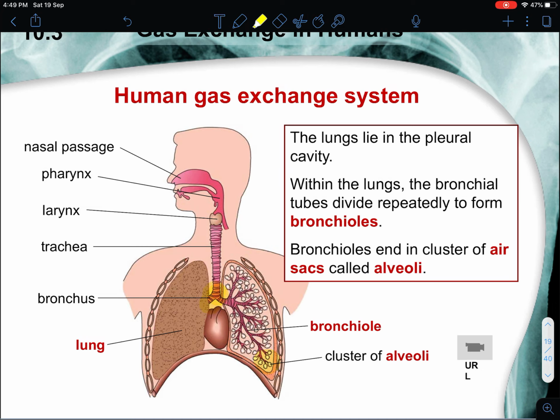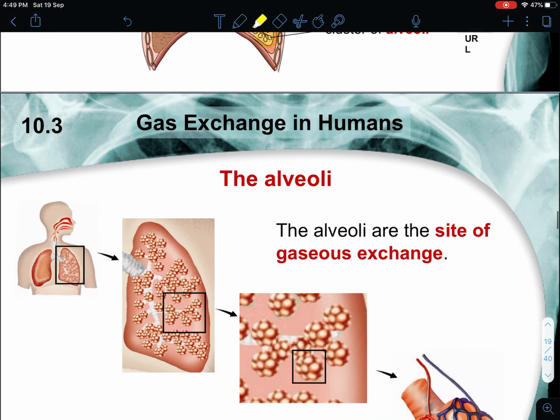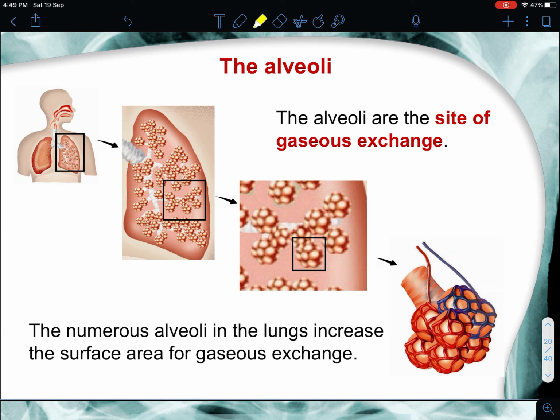While you have only two major branches of bronchus, you would have multiple branches of bronchi, which will then lead to many clusters of alveoli. So the alveoli are the site of gaseous exchange, and having numerous alveoli in the lungs helps to increase the total surface area to volume ratio for gaseous exchange.